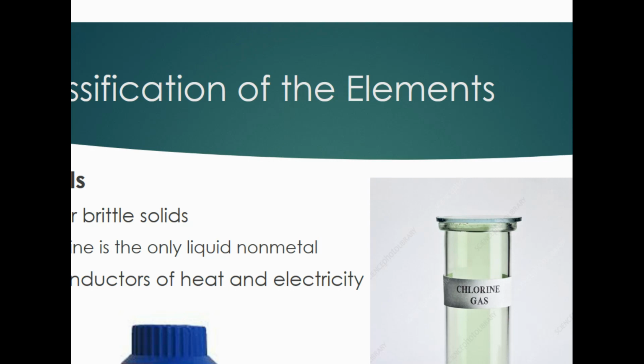It's a rusty colored liquid, but it changes to a gas right above room temperature. We only have 2 liquids on the entire periodic table at room temperature, and that's bromine and mercury. Otherwise, the majority are solids, and gases are in second place. Essentially, everything that a metal is, a nonmetal is not going to be. That conductivity of heat and electricity, that malleability, all of those characteristics are not observed in the nonmetals.